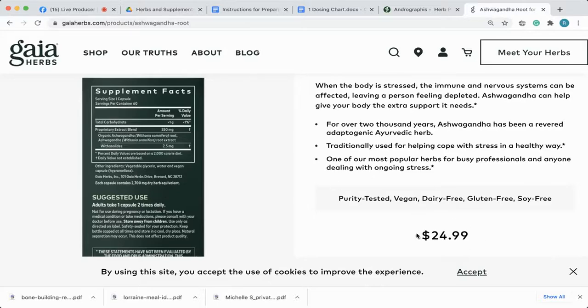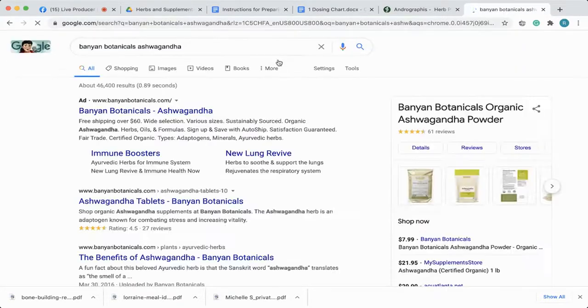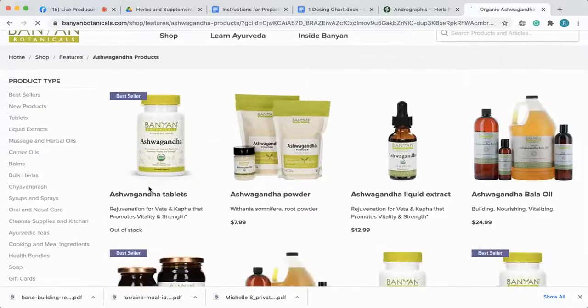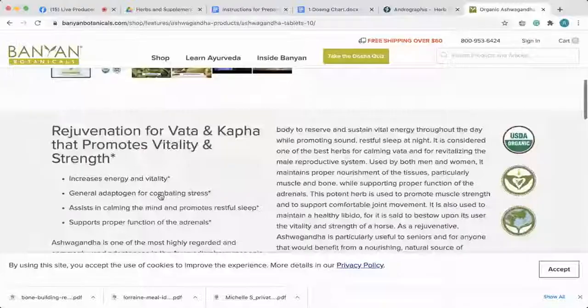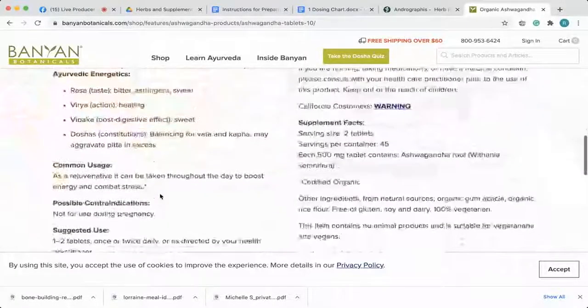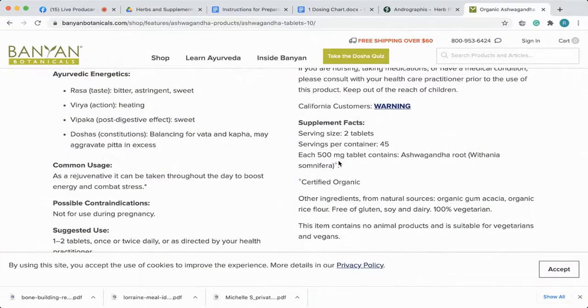It ends up being more cost effective for the client if you can limit how many capsules. Let me show you one other product just to give you another reference point. Banyan Botanicals ashwagandha tablets. So remember, our therapeutic dose according to our handy dandy reference chart is 3 to 6 grams, and 2 tablets contains 500 milligrams.